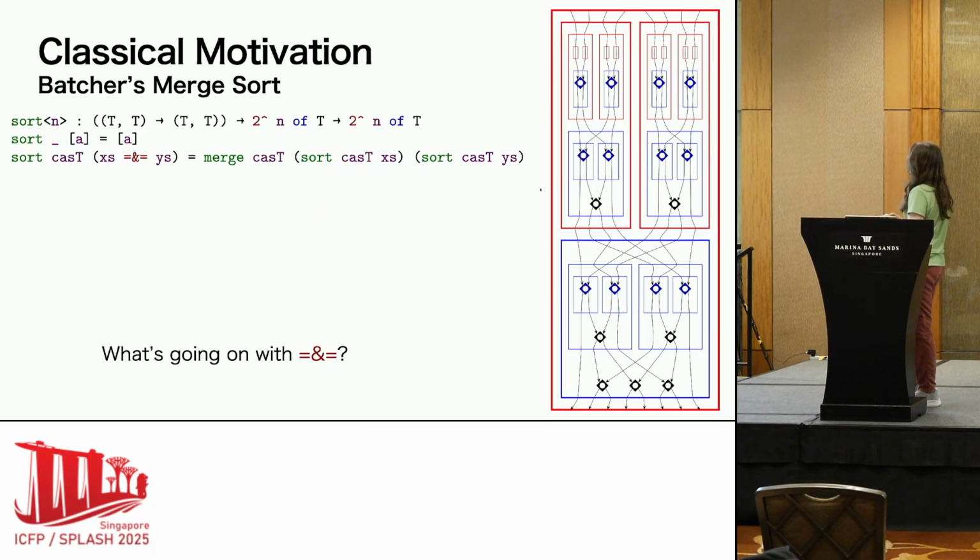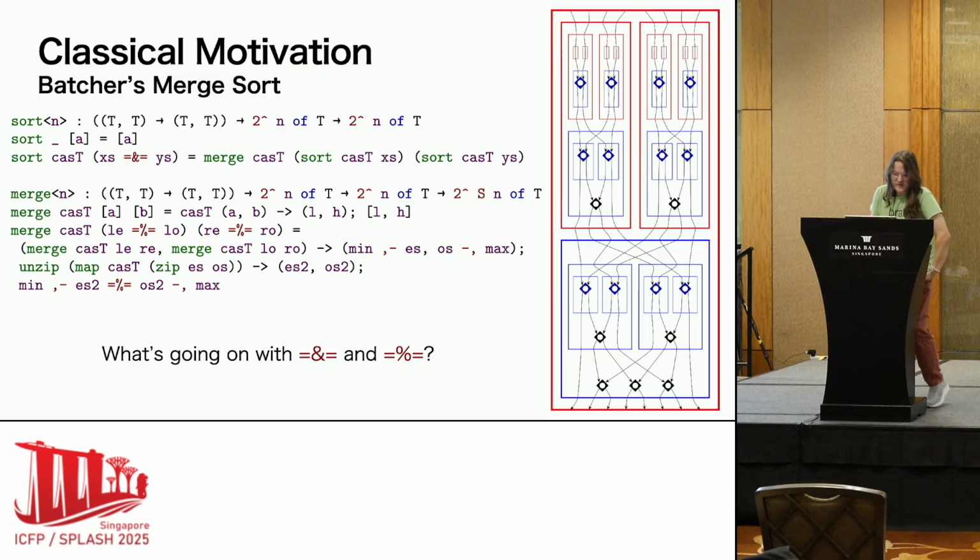But what's going on with the vector pattern in the middle? On the last line, we have sort cast t, x's equals and equals y's. We call this the even pattern or operator. And what this is doing is splitting everything in the middle. And the second part of this is the merge, which takes two vectors of size 2 to the n.